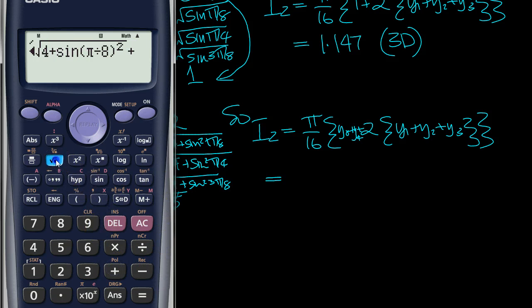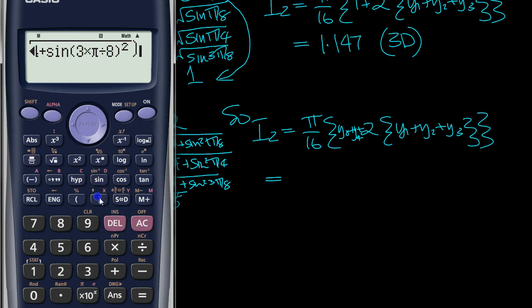Plus the square root of 4 plus, and then it was sine squared again. So it's sine pi over 4 this time. Square root outside. That's it. Plus square root of 4 plus sine 3 pi over 8. Close that bracket, square that, and that should be it.